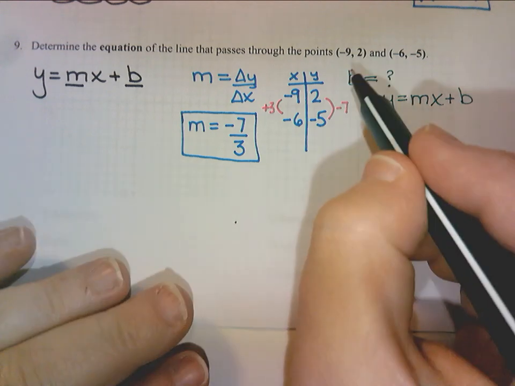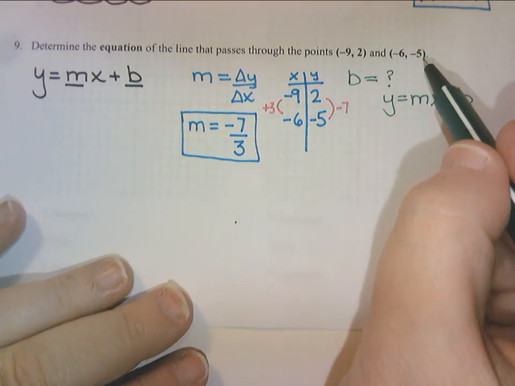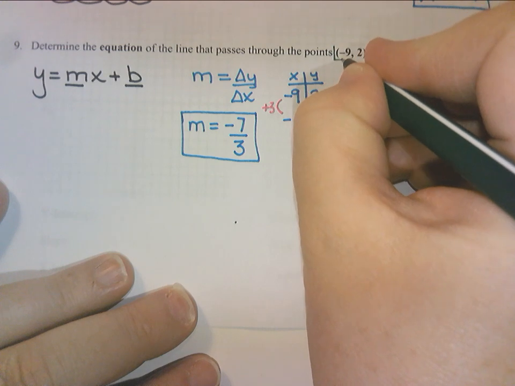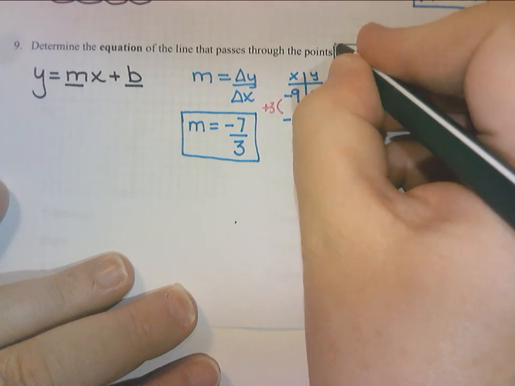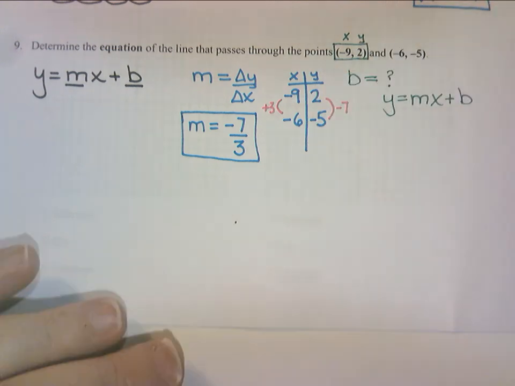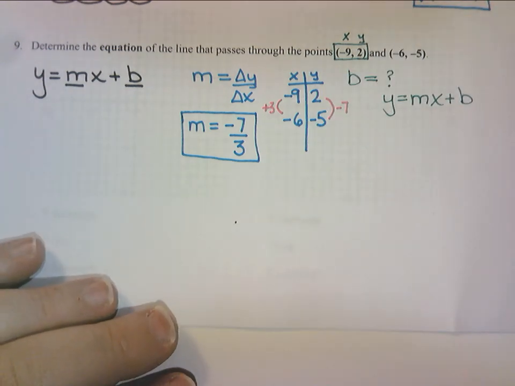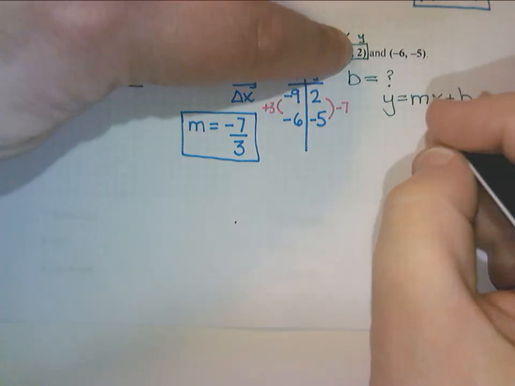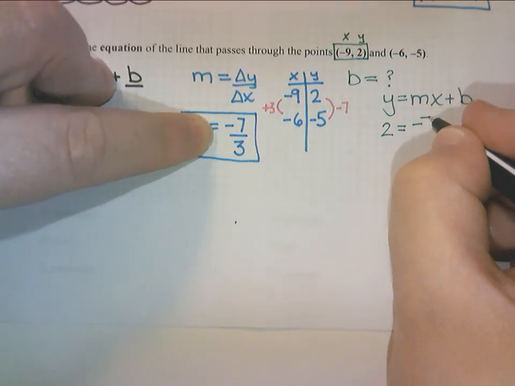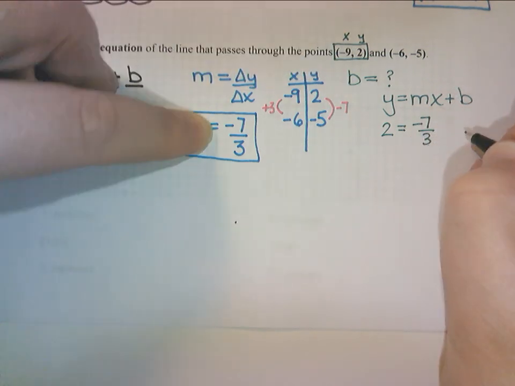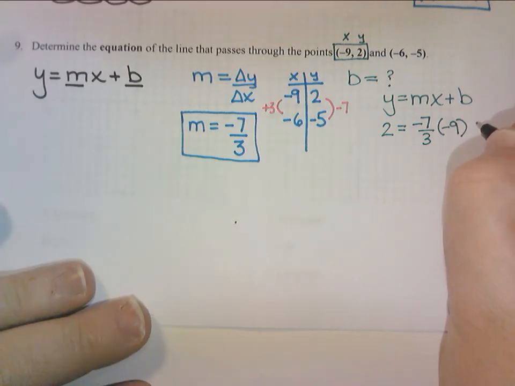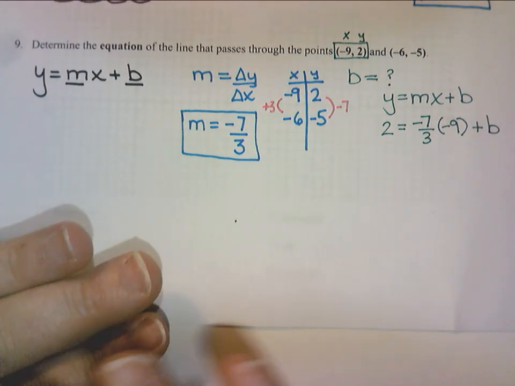And then I have 2 different points that I can choose from. So I'm going to choose one of them. I think I'm going to pick the -9, +2. The first number is x, the second number is y. So I'm going to do y, so 2, equals m, -7 over 3, times x, -9. And then I don't know what b is, that's the whole point of this.